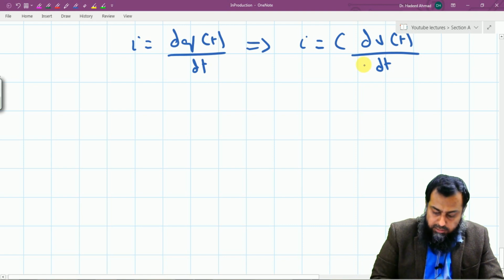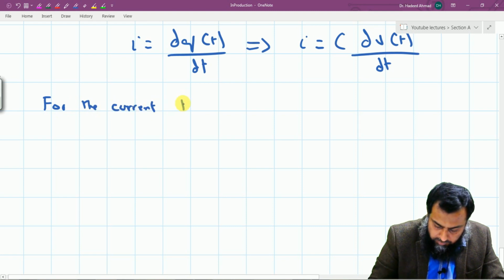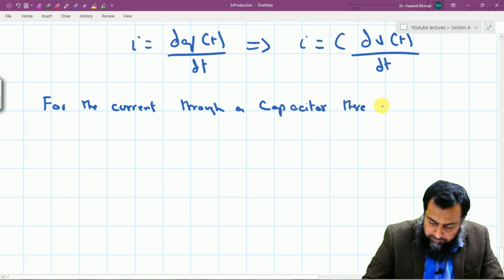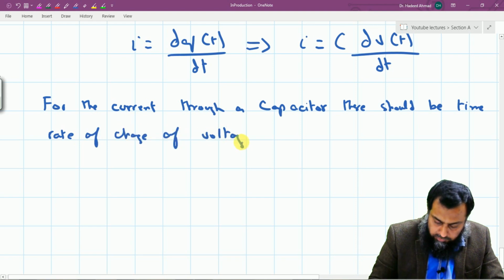The first thing here is that for the current through a capacitor, there should be a time rate of change of voltage.